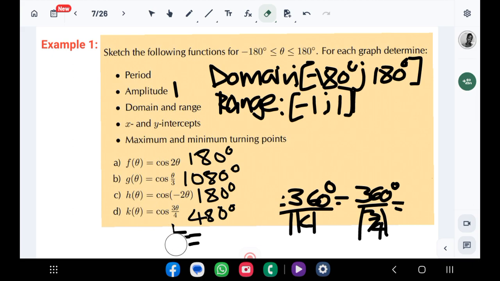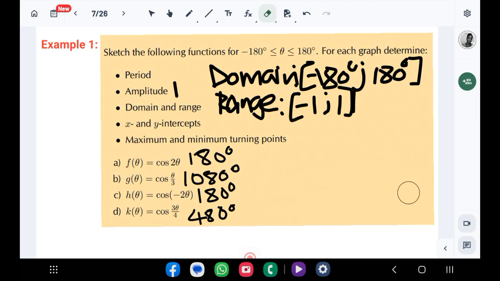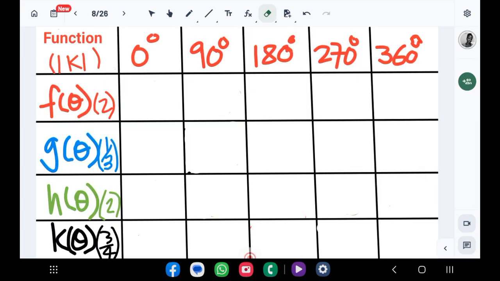Now I've drawn a table so that we can find different milestones for each and every one of those graphs. To find the milestones of f of theta, we must divide each and every one of the milestones by 2.